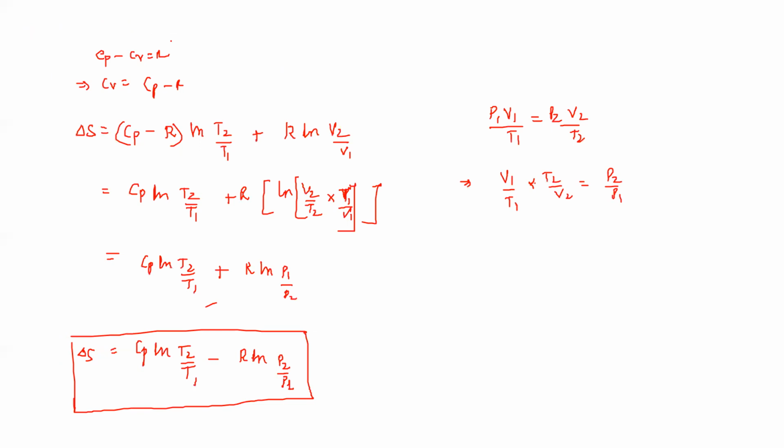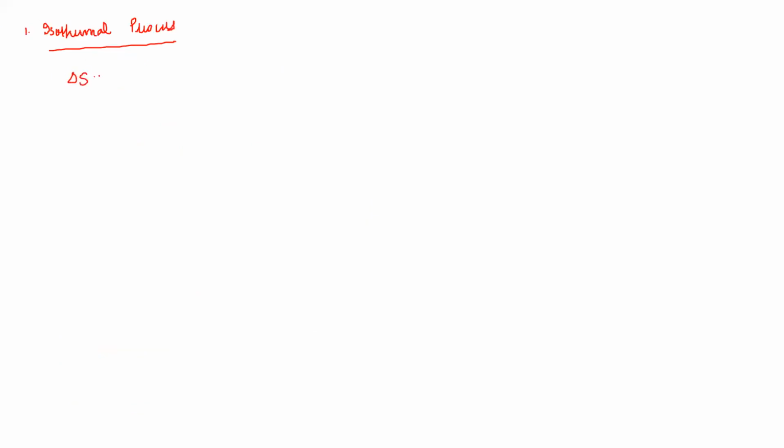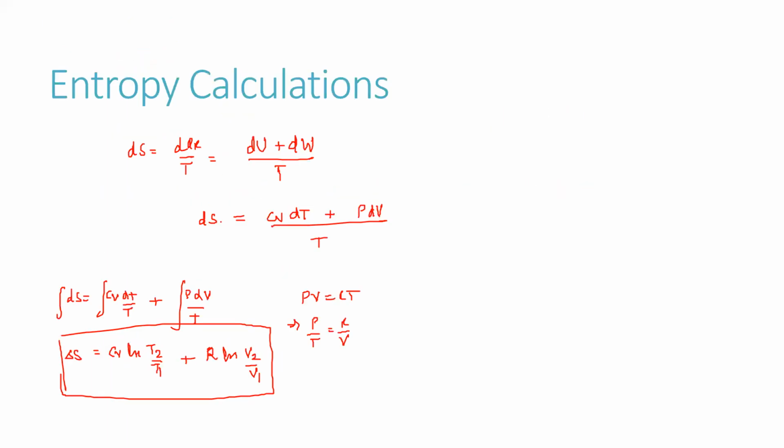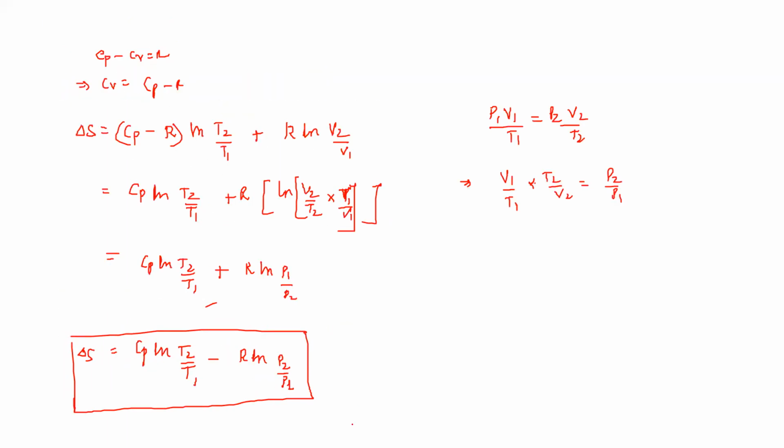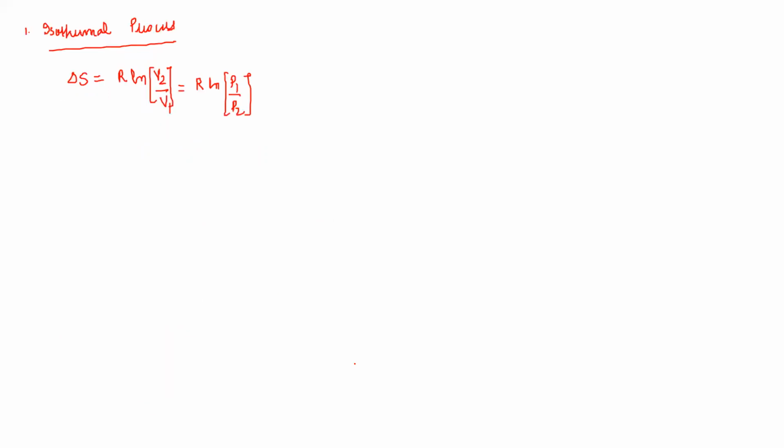So in that case, your delta S can be written as R ln V2 by V1, which can be written as R ln P1 by P2. So we've used both the equations of entropy, the first one as well as the second one, to get this result. Okay, so this is for an isothermal process.